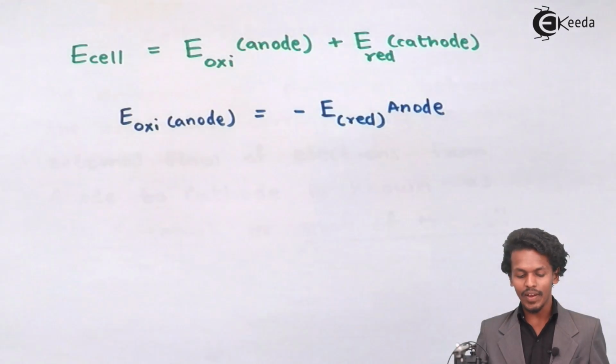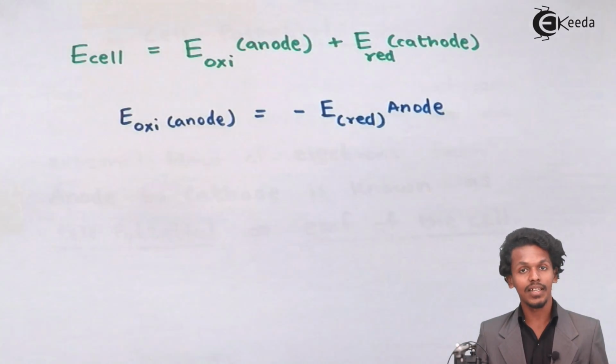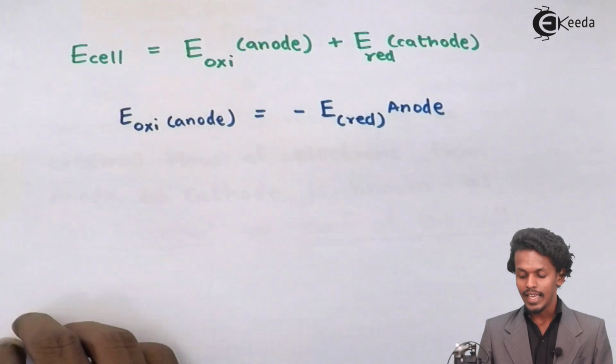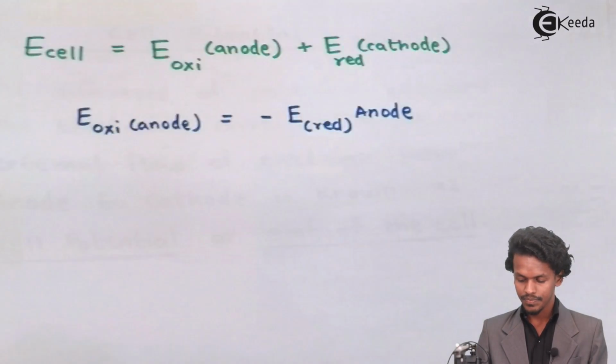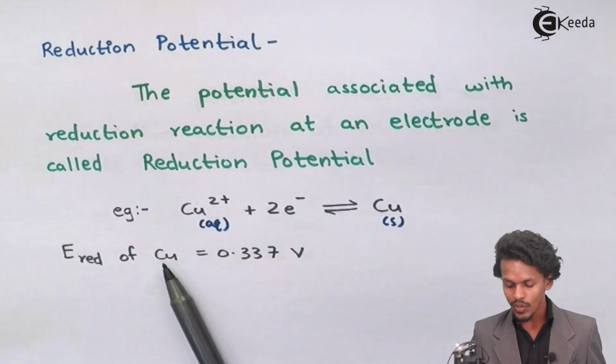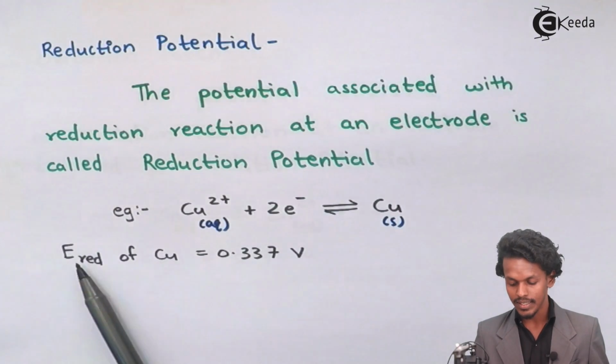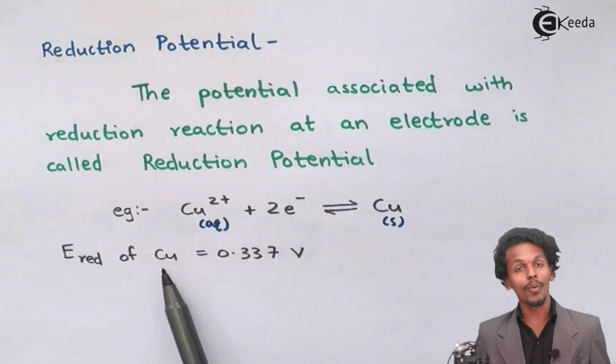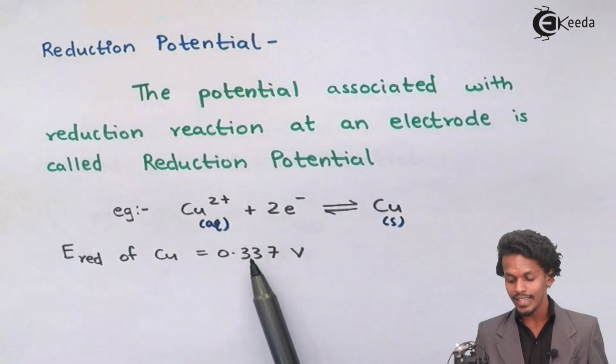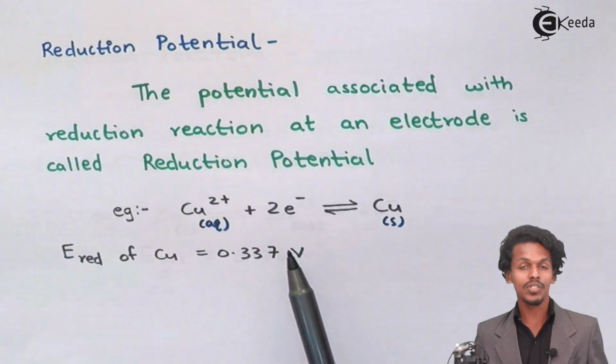We have taken the example earlier also: the reduction potential of copper was found to be 0.337 volt, which is positive.